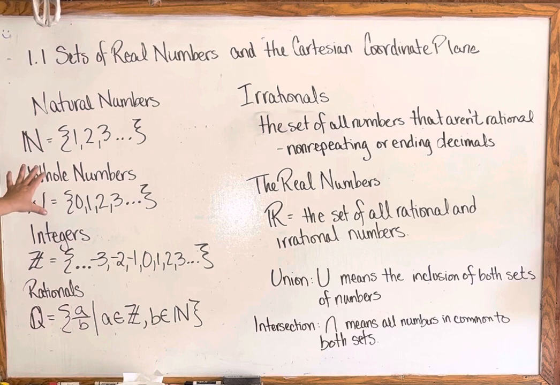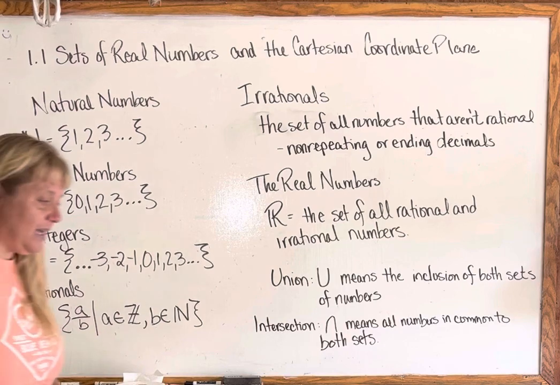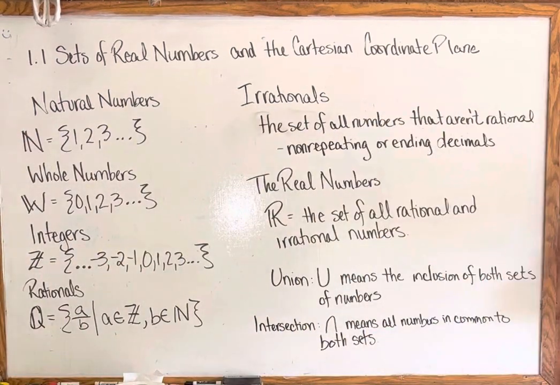After that, we include the negative numbers, and those are called the integers. The integers get a double barred or bold Z, and the reason for that is because the mathematician that named the integers was German, and it's actually Zahlen in German.